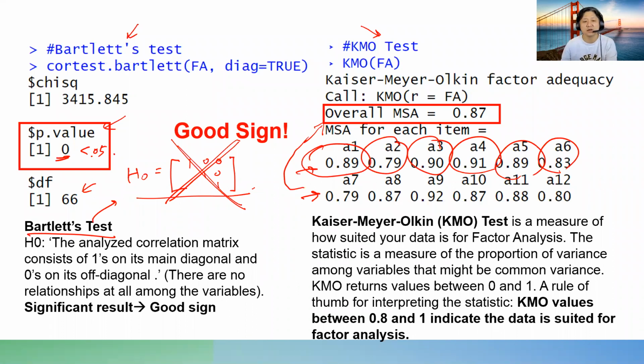We want this to be greater than at least 0.7 or 0.8. If this value is between 0.8 and 1, that indicates that this data is good to proceed with factor analysis. So we have enough inter-item correlations, and also enough commonalities. Okay, so let's move on to our factor analysis.